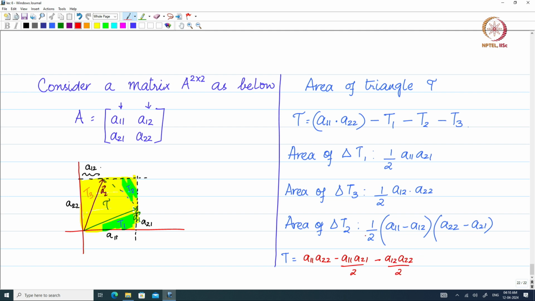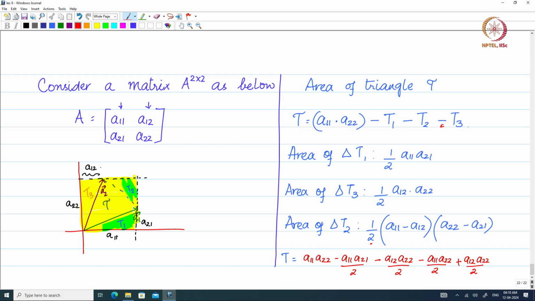If you expand this and get the product, we are going to get minus A11 A22 by 2, and then there is a minus here, and I am going to multiply this by minus A12, that becomes plus A12 A22 by 2.